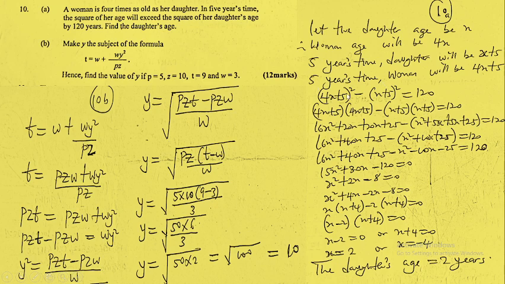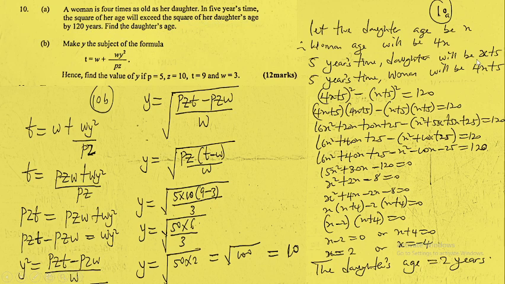That means we square it. We exceed the square of our daughter's age. Also, we need to square the age of the daughter as well. The square of the woman's age will exceed the square of her daughter's age by 120 in 5 years time.